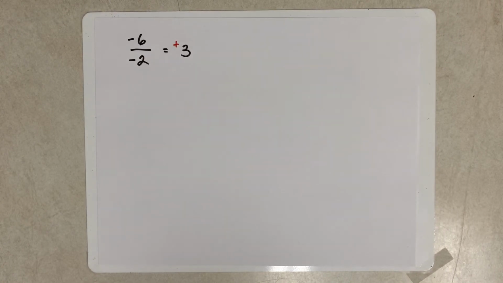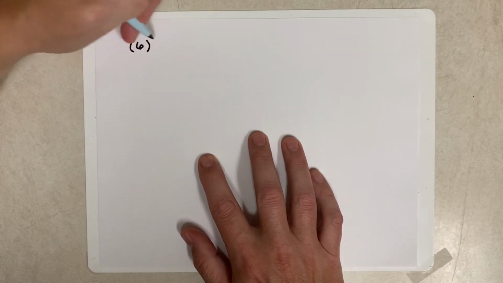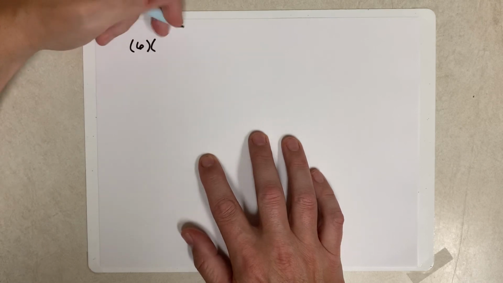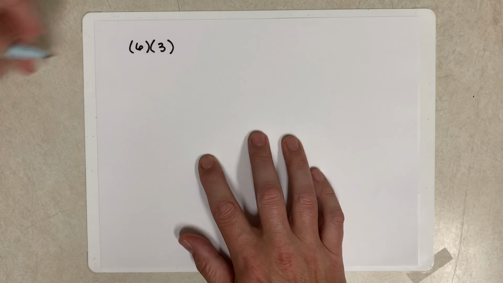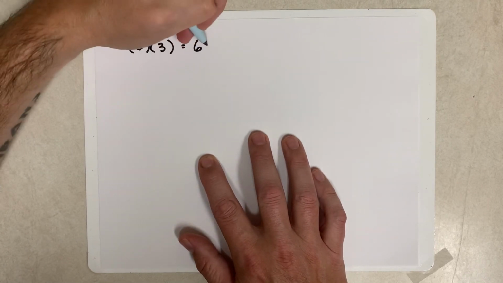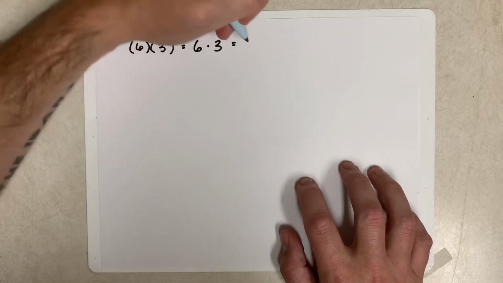So let's now talk about multiplication. Let's do 6, and we can do 3 this time. 6 times 3, same thing as 6 x 3. We really should not write it like this though.